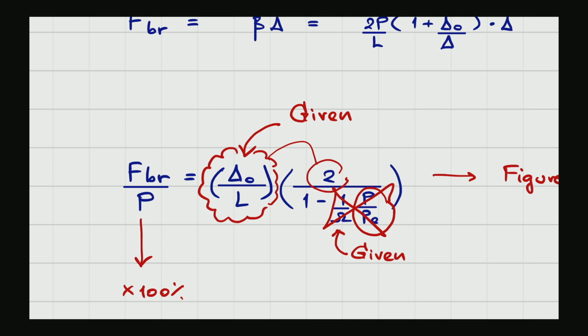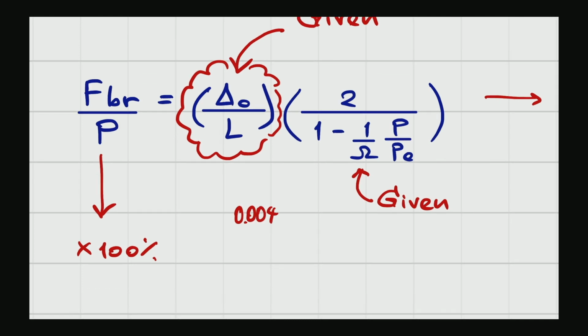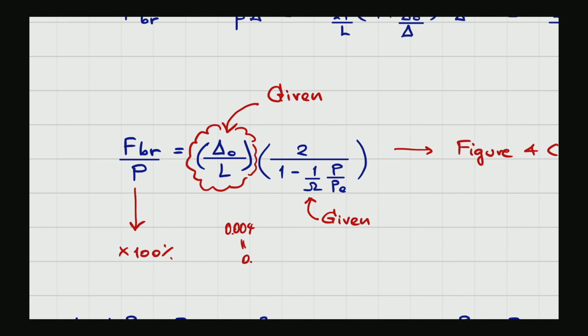None of this, so it's gone. You have 2, and this is somewhere around L over 500. So you get L over 500 multiplied by 2 divided by L. L cancels out, so you get 2 over 500. 1 over 500 is 0.002, so 2 over 500 is 0.004. 0.004 is equal to 0.4%. So that is going to be the starting point.